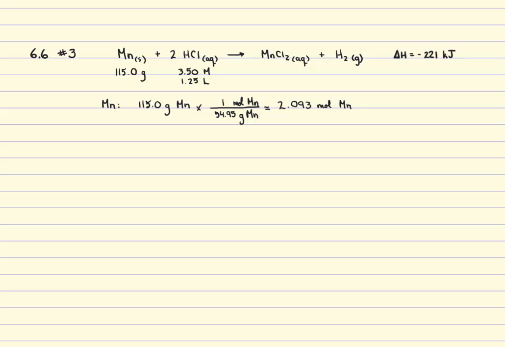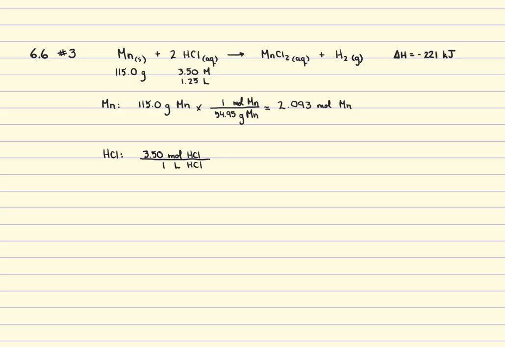Now let's look at the other reagent, the hydrochloric acid. In this case, we're not given a mass, we're given the concentration and the volume. So I'm going to start with both of these values. I have 3.50 molar, which is the same thing as moles of hydrochloric acid per liter, 1 liter of hydrochloric acid.